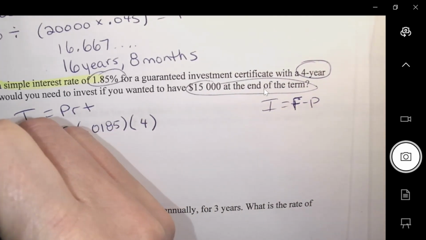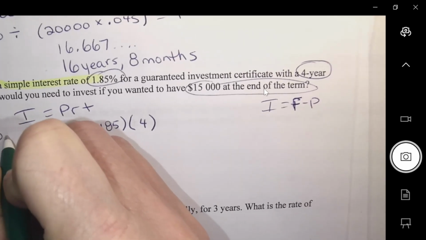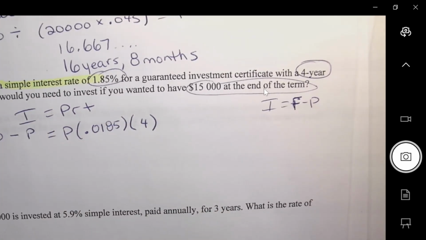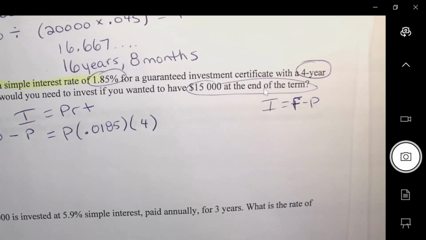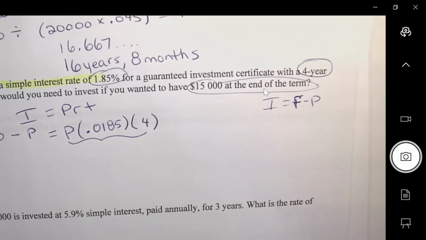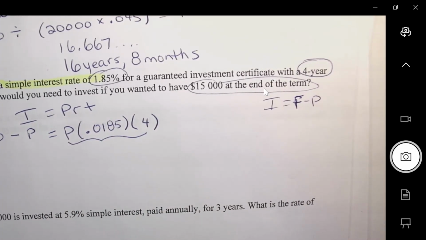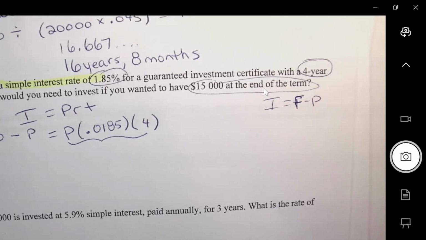So the interest I'm going to write as 15,000 minus the principal. Okay, let's make that one term. So 4 times 0.0185.